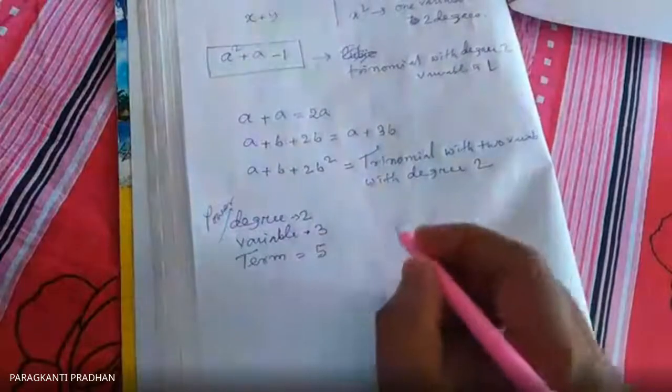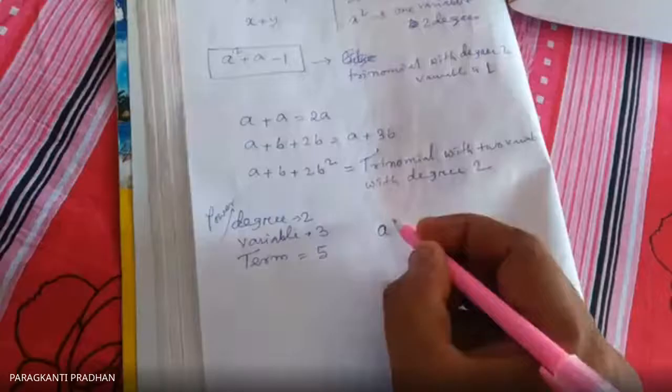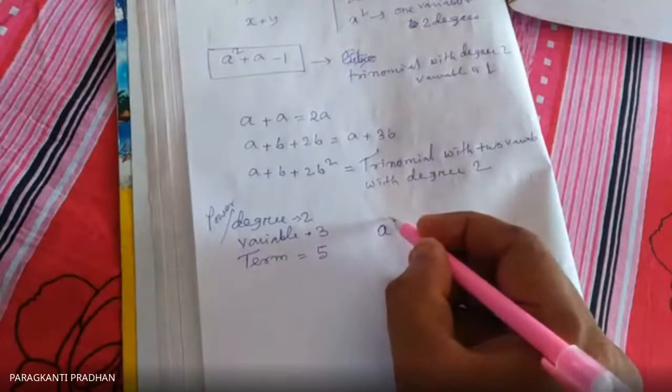Can I say, sir, one example? Okay, tell me. Yes, sir, the example is, suppose, a square plus b plus c plus 5 plus 3 plus 2b. Okay, repeat slowly, please. A square. Okay, sir.